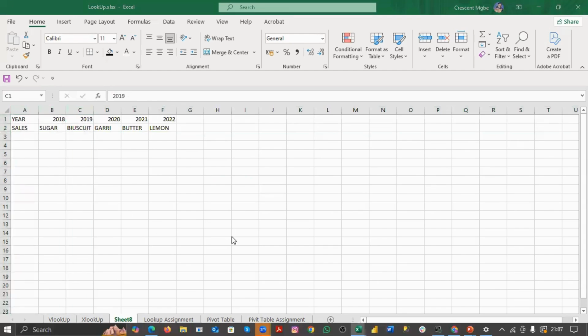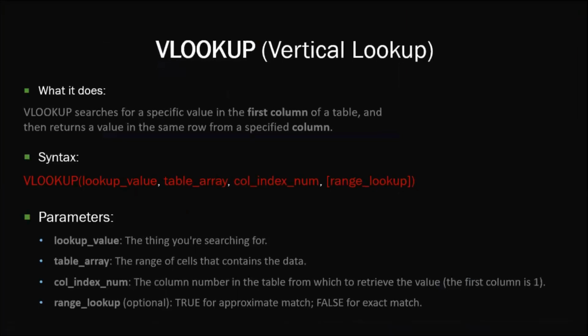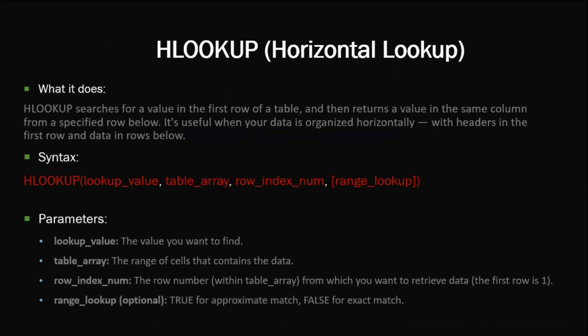So let's see. HLOOKUP searches for a value in the first row of a table and then returns a value in the same column from a specific row below. That is horizontally. It's useful when data is organized horizontally with headers in the first row and the data below.